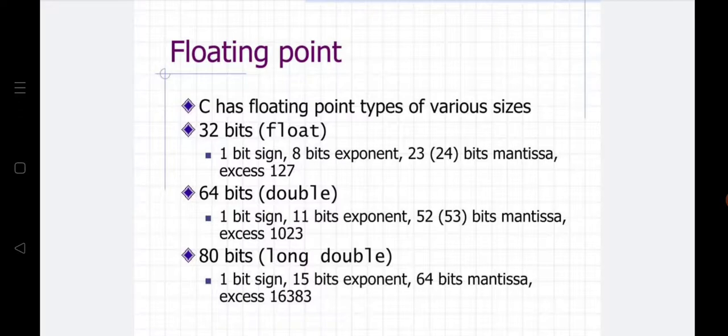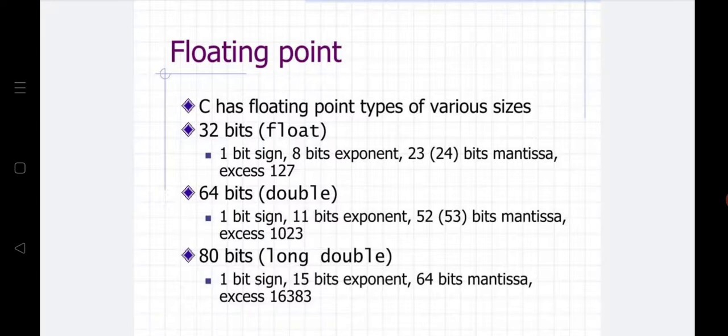Floating point has various sizes. The first is the 32-bit representation, known as single precision. In single precision, 1 bit is for the sign bit, 8 bits for the exponent, and the remaining 23 bits for the mantissa.